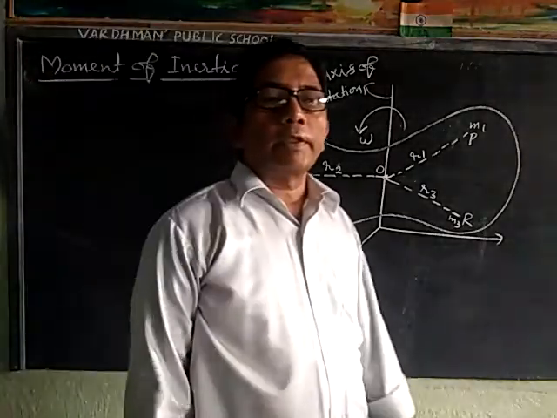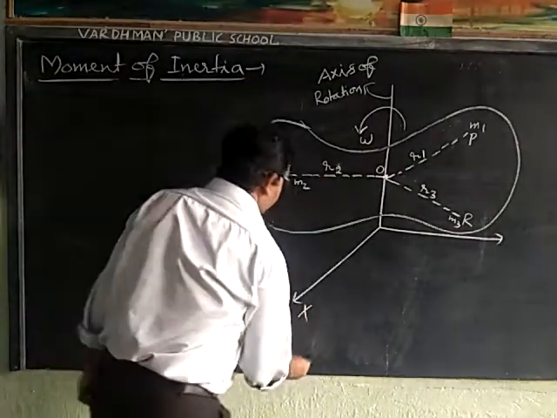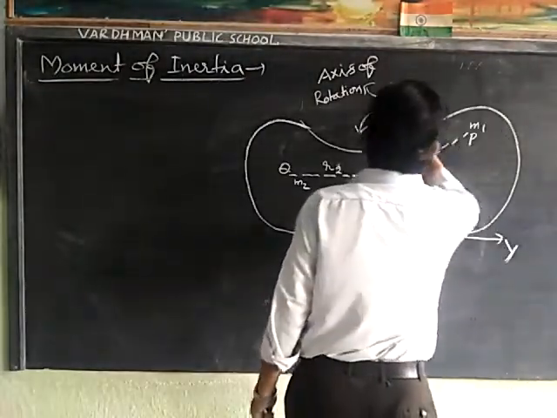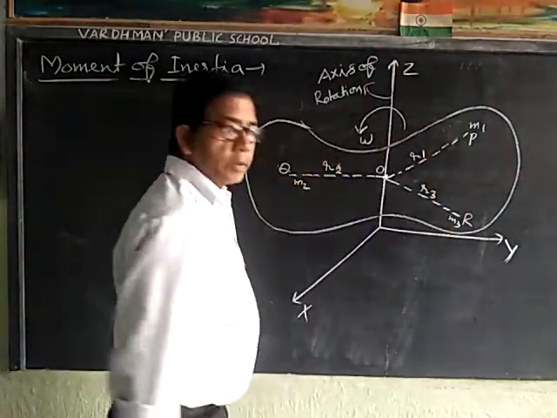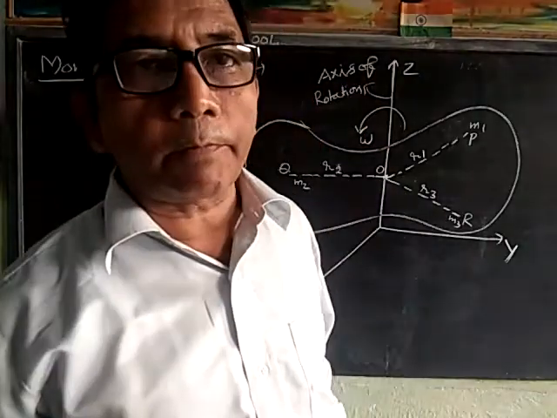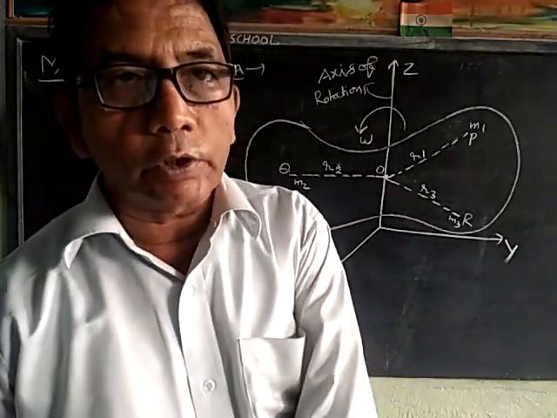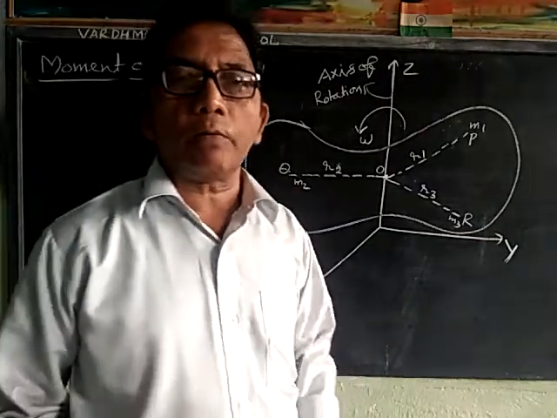This is the x-axis, this is the y-axis and this is the z-axis. The moment of inertia of a rigid body about a fixed axis is defined as the sum of the product of the masses constituting the body and the square of their distances from the axis of rotation.